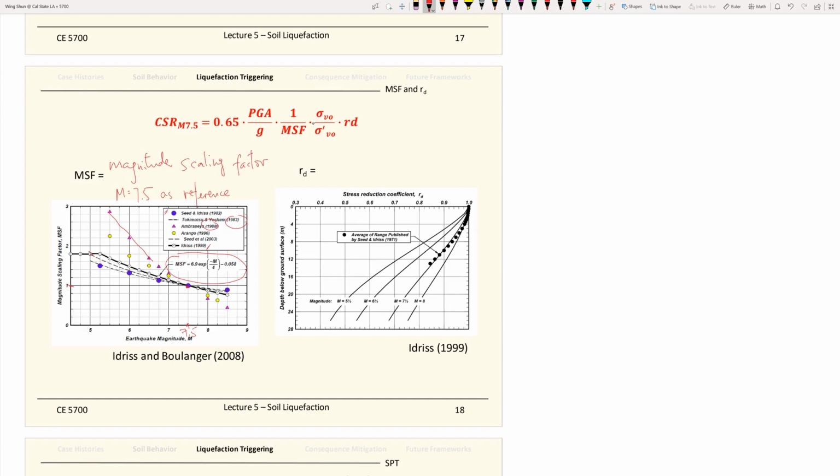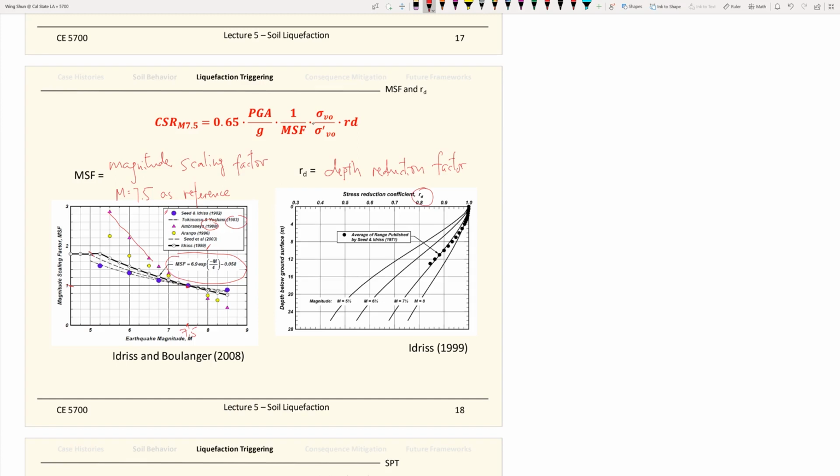And the other factor is the depth reduction factor. The purpose of having this r sub d over there is to correct for the liquefaction triggering with depth, because the deeper you go, the less likely liquefaction will happen. Liquefaction is a phenomenon that happens in the shallow ground.